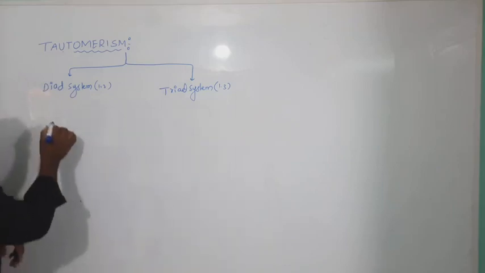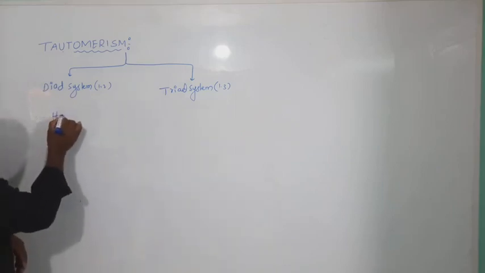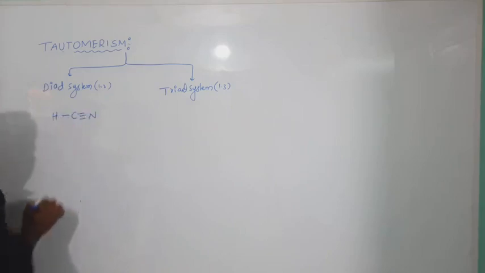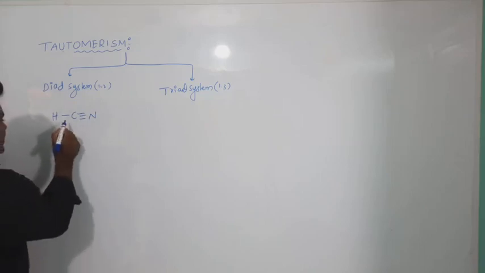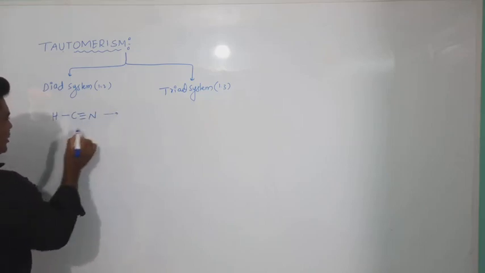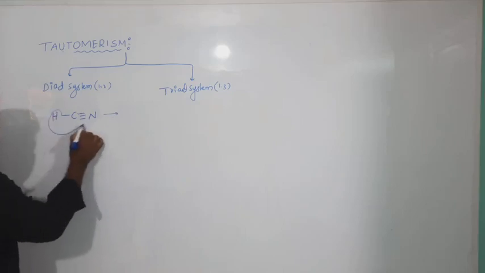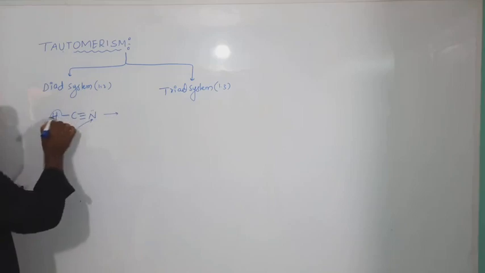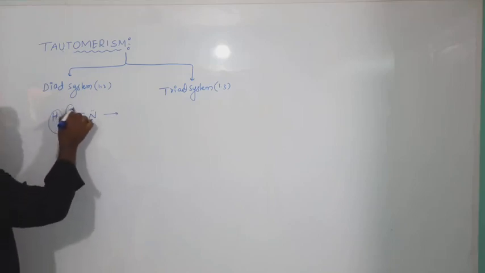See here. This is hydrocyanic acid, otherwise simply hydrogen cyanide. See, this is one. Okay. Now see, this is an acidic hydrogen, because CN is an electron withdrawing group. Now actually this hydrogen is transferred to here. Now this lone pair of electrons will take this H. Now carbon is getting this one.